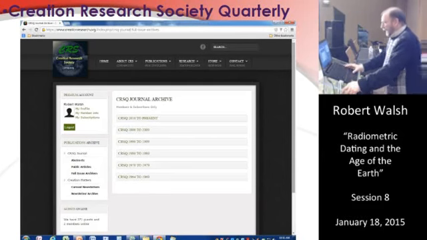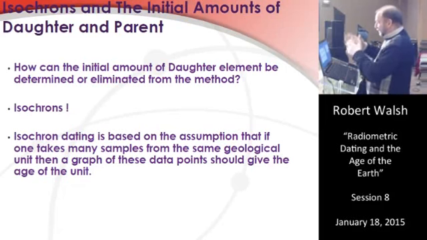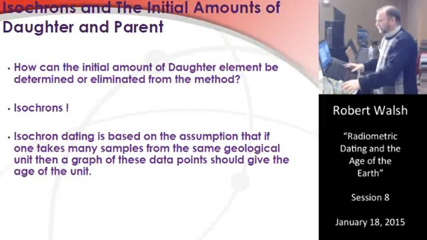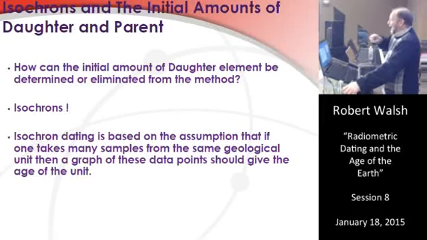All right. Now, having said all that, let's talk a little bit about these assumptions. Some of the things that we're going to be discussing right now are talked about in these materials that we just looked at: isochrons and the initial amounts of daughter and parent. It is a problem not being able to get back to the parent or the original amount, right?